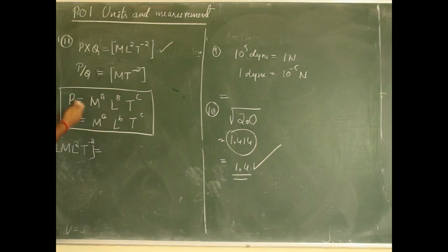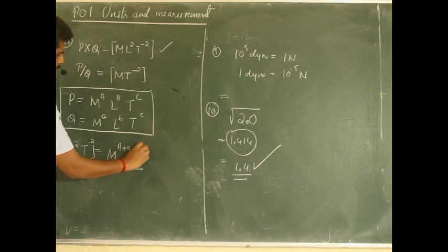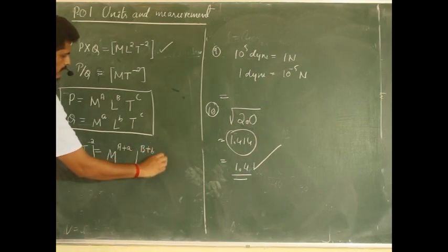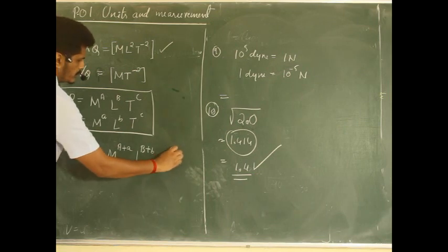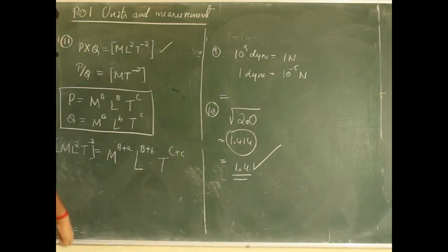On the right side, P into Q, that means you are supposed to multiply. So what is that? M power A plus small a, correct? Next L power B plus small b. Next T power C plus small c. So this is what we got when you multiply P and Q. Let us compare the powers here.